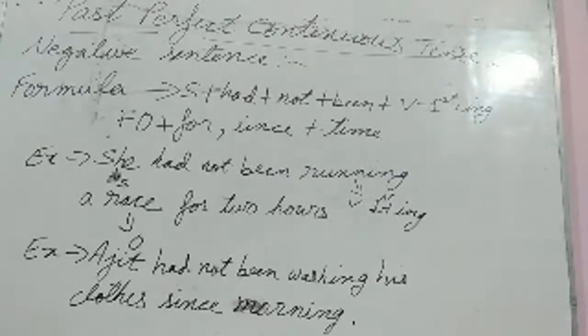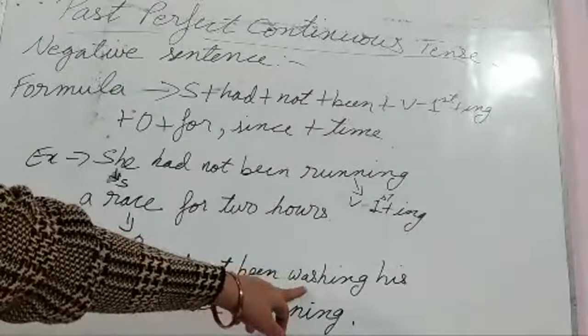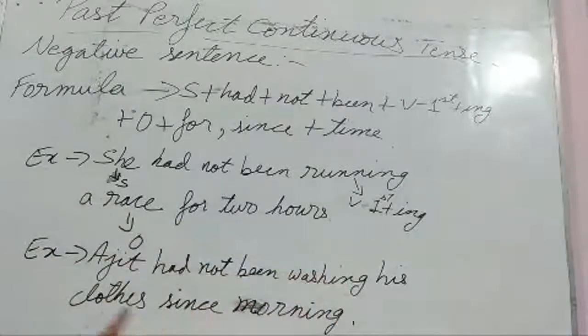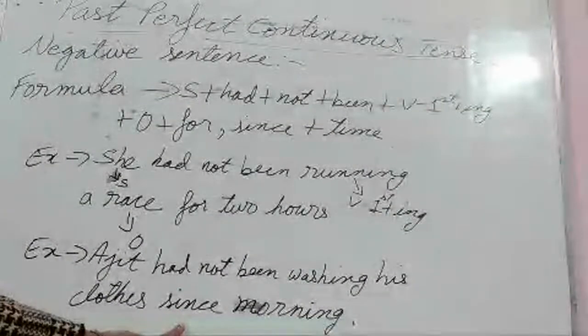Okay, so here Ajit is the subject, had not been, washing is the verb of first form plus ing, his clothes, here clothes is the object, and since morning is the point of time. Okay.